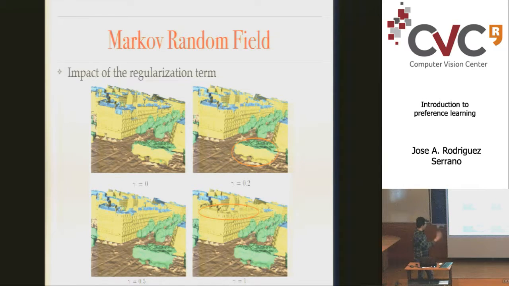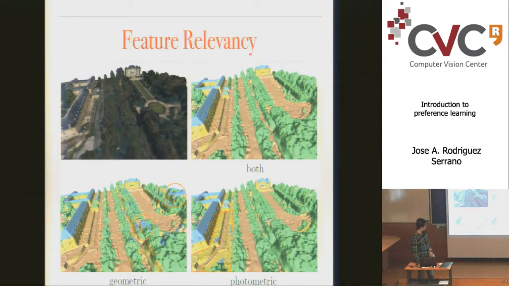If you don't use a smoothness term, then the final prediction will be the prediction provided by the random forest, so you're not going to change the result of the random forest. But if you increase this value, you're going to give more weight to the smoothness term, so you get rid of the wrong labeling in this stage. But if you insist too much in that direction, you're going to end up with wrong labeling at the end.